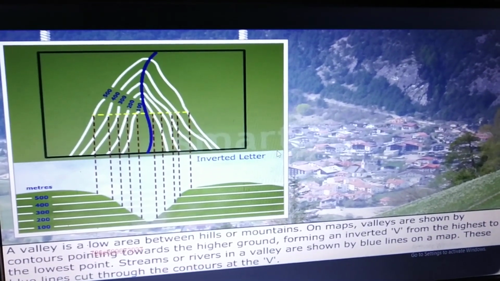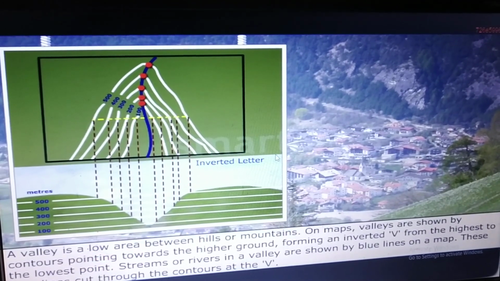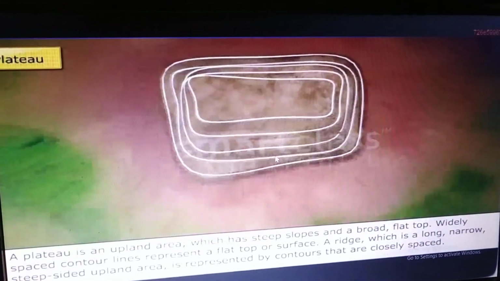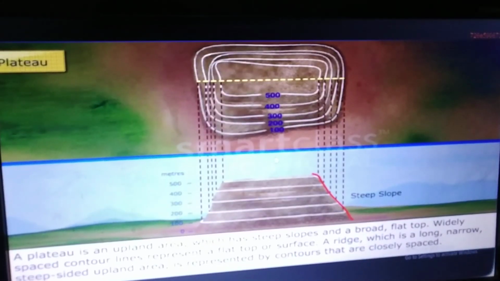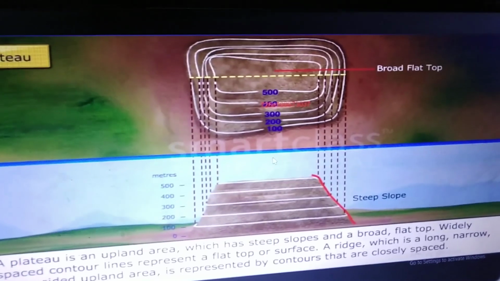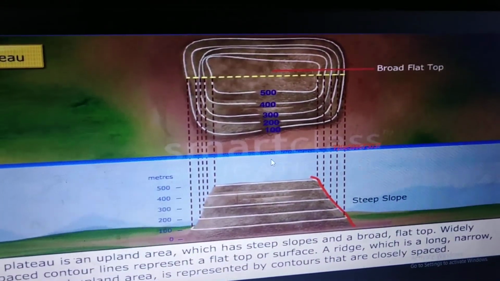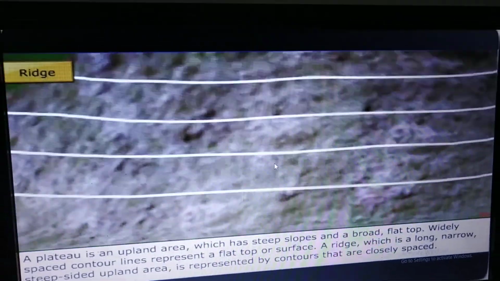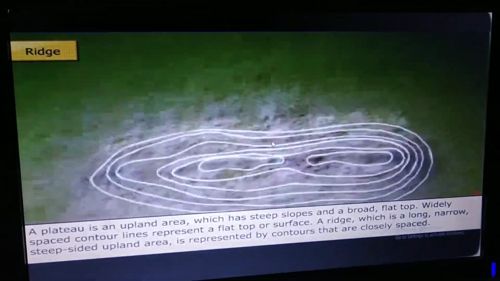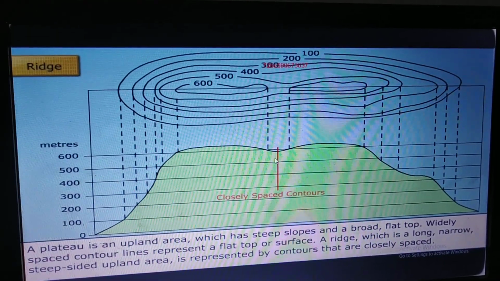These blue lines cut through the contours at the V. A plateau is an upland area which has steep slopes and a broad, flat top. So, widely spaced contour lines represent a flat top or surface. A ridge, which is a long, narrow, steep-sided upland area, is represented by contours that are closely spaced.